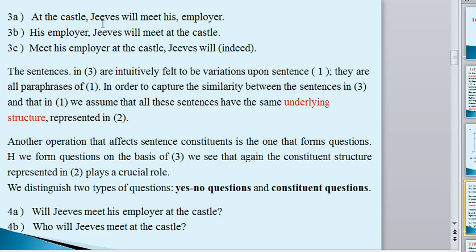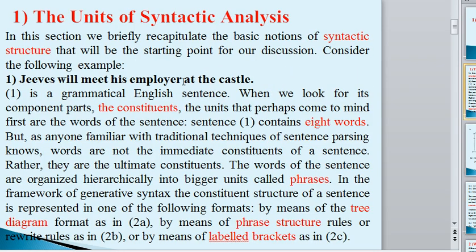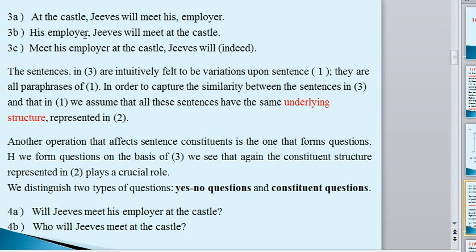We just change some elements' places. For example, at the castle in the first sentence is at the end of the sentence, and in this sentence we put it at the first part of the sentence. Also, his employer is the object of the verb, but we change the place of the object.